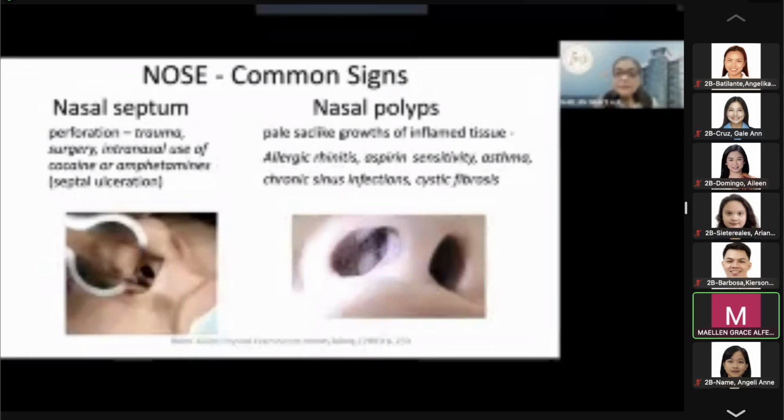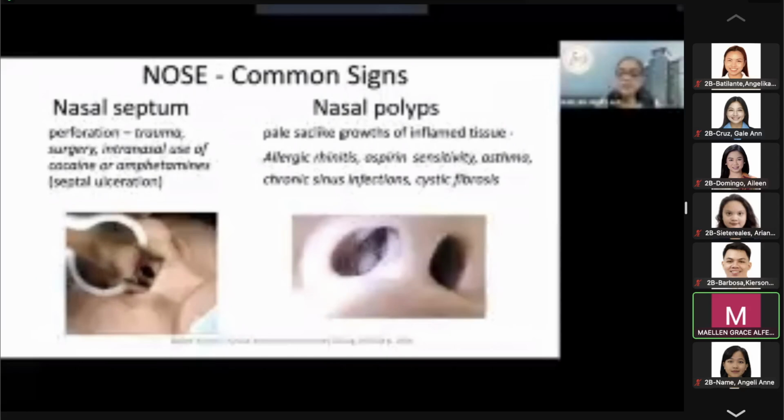Now, nasal polyps are pale sac-like growths of inflamed tissue in the nasal mucosa. And if you see the picture here, you see the sac-like growth, and this is commonly seen in allergic rhinitis, especially those who have aspirin sensitivity, those who have asthma, those who have chronic sinus infections, and those who have cystic fibrosis.